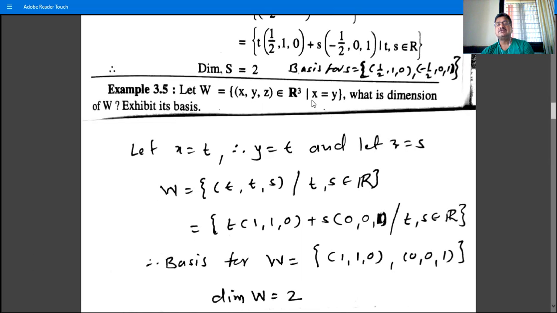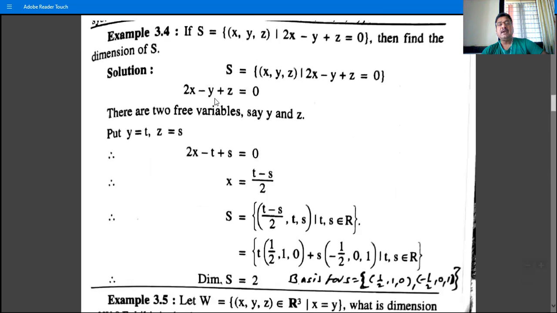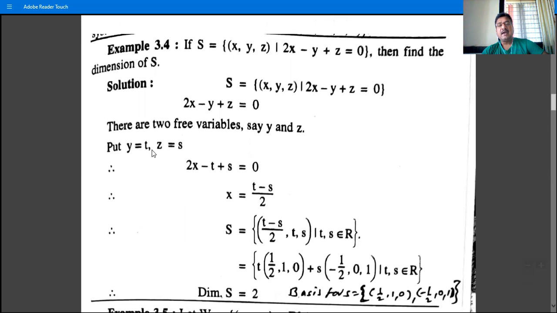There is one equation and three unknowns, so we have to assign two unknowns. So we assign x and z, because x and y are related. In this example we can assign x and z, or y and z.